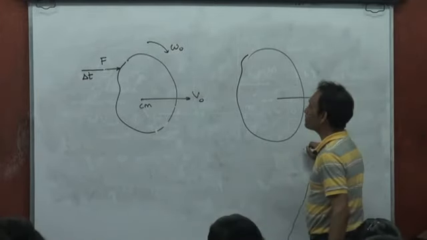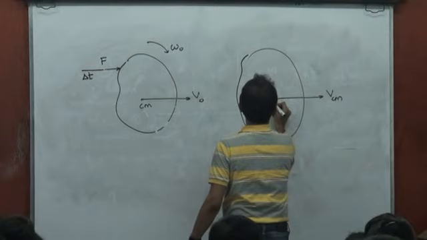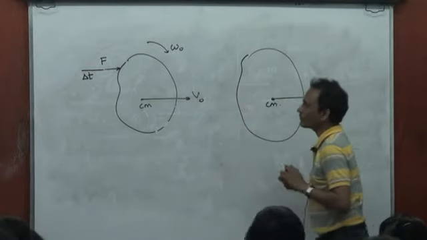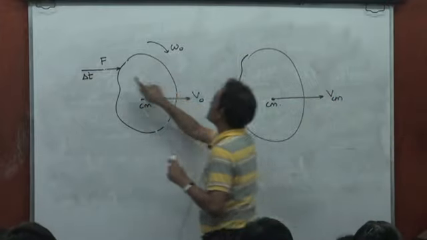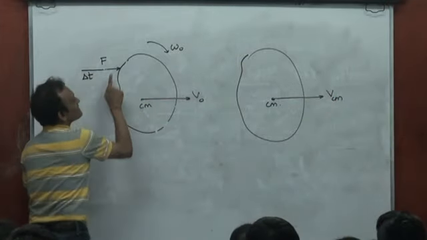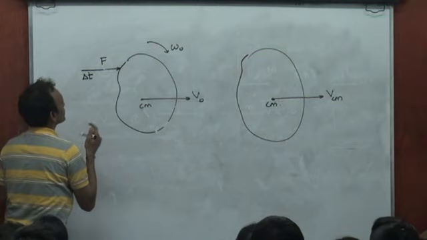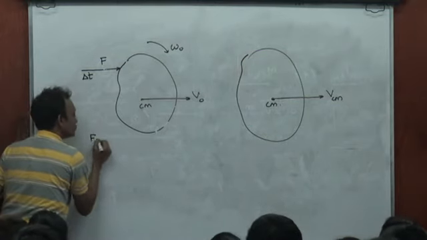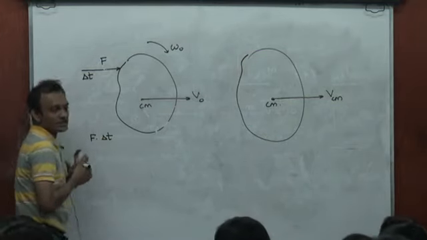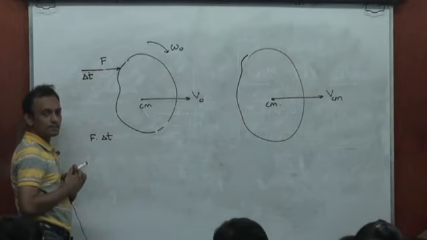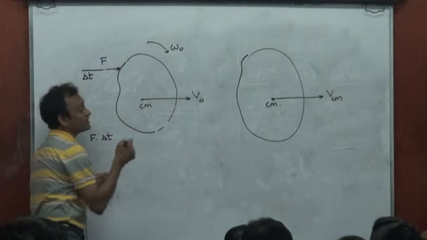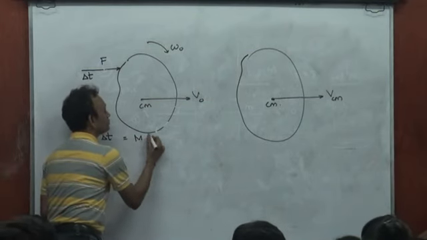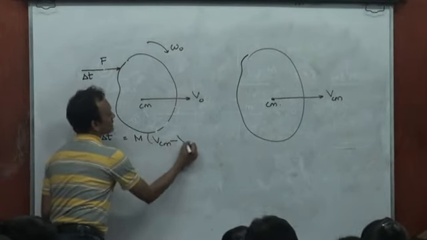Clear? Then the impulse in the direction of this velocity is F into delta t, and that must be the change in linear momentum. So change in linear momentum is m into VCM minus v naught in this case.